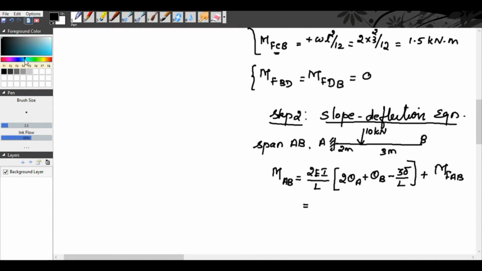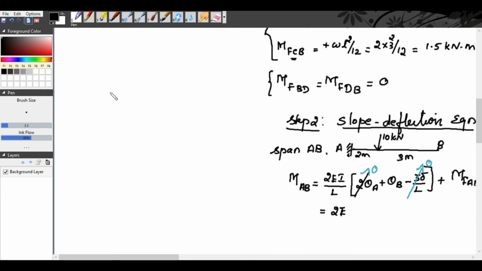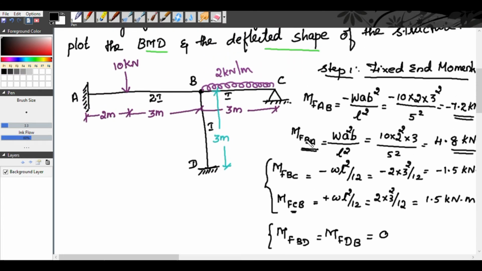So, this term becomes 0, right? This term becomes 0. Now, there is no settlement of support, so this delta term becomes 0. So, the remaining terms are this 2EI by L into theta B. So, we get 2E into, see, for the span AB, the value for I is given as 2I.